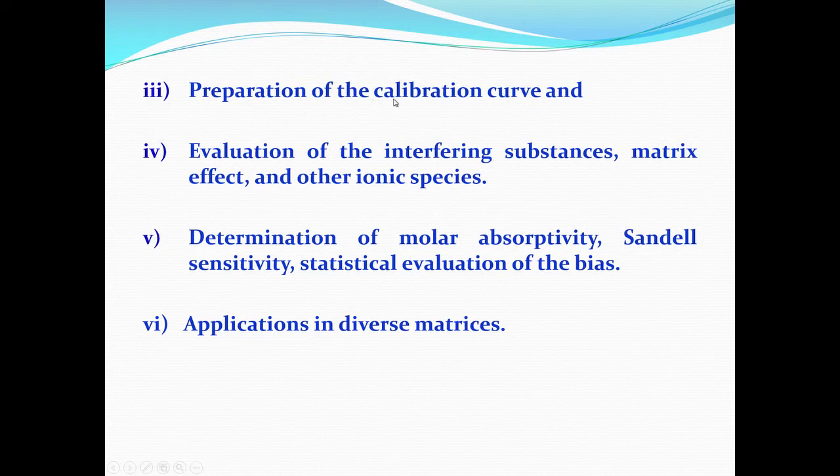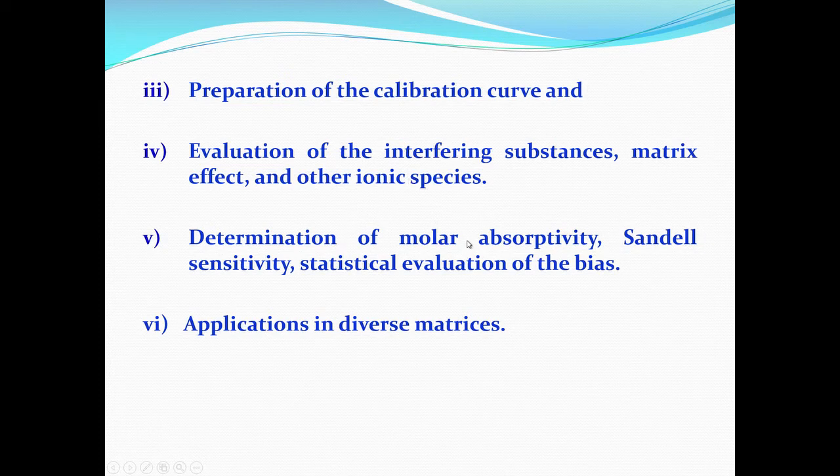That tells us in what range we should be working, because we know there are several variations from Beer-Lambert's law at very low concentrations and at very high concentrations. And then sometimes there are other interfering substances and matrix effects, sometimes unknown associated ionic species, and we have to evaluate the effect of such things.